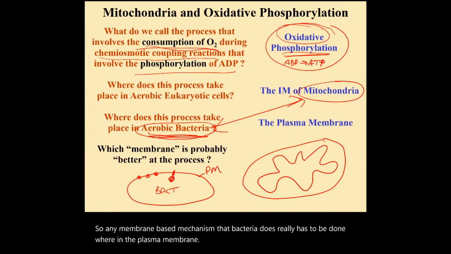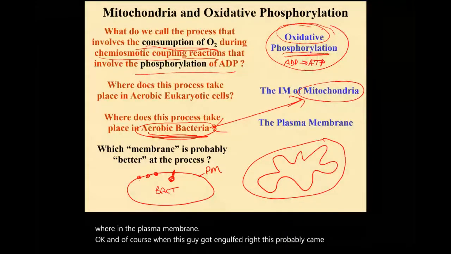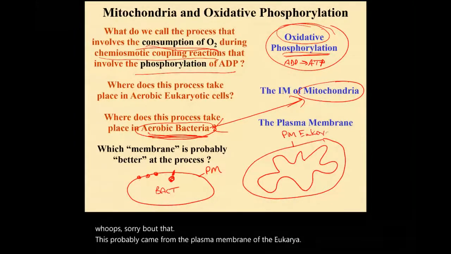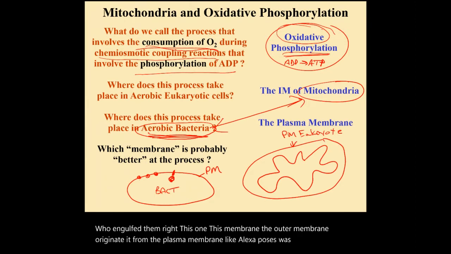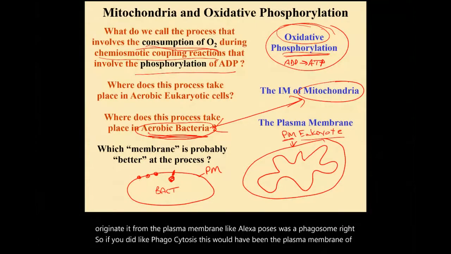And of course, when this guy got engulfed, right, this probably came from the plasma membrane of the eukaryote who engulfed them, right? This membrane, the outer membrane, originated from the plasma membrane, like suppose this was a phagosome. If you did phagocytosis, this would have been the plasma membrane of the eukaryote who engulfed them.